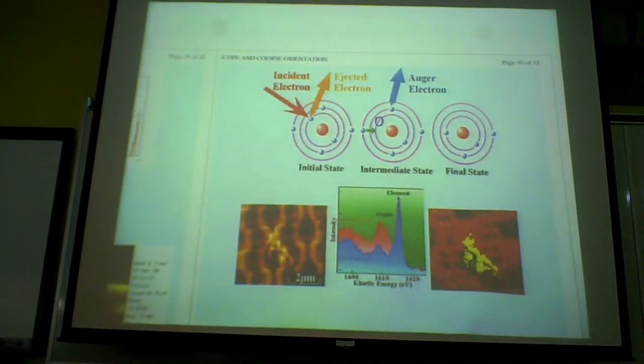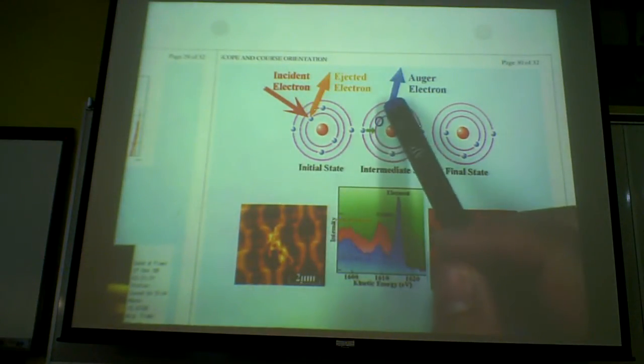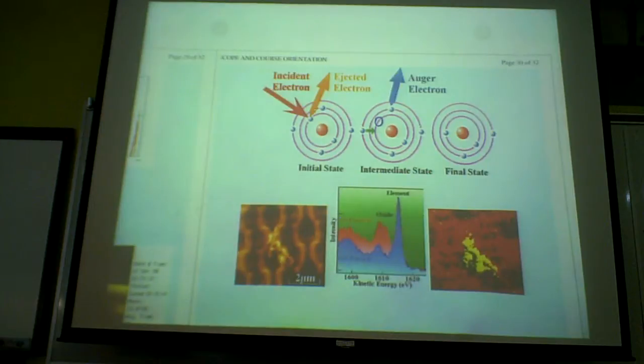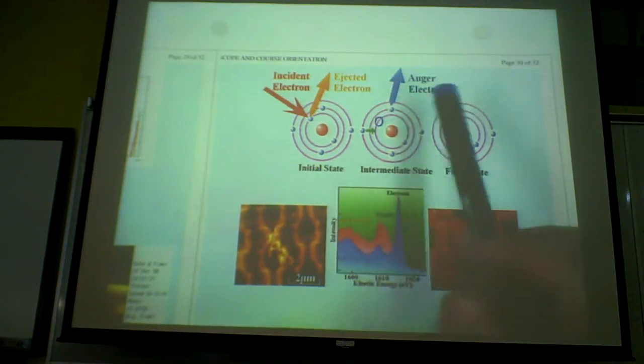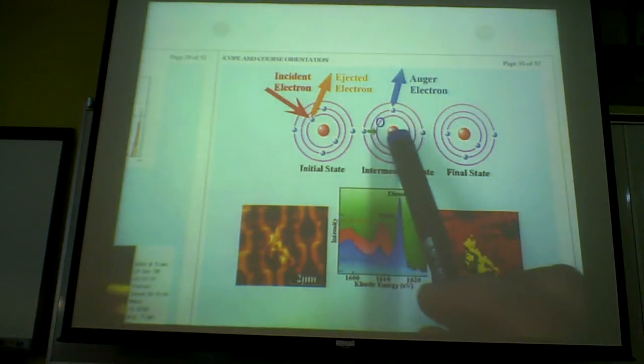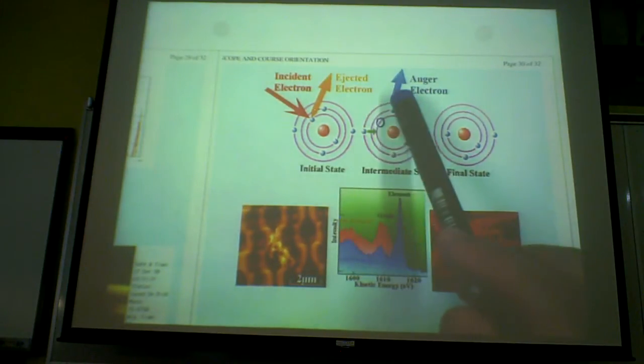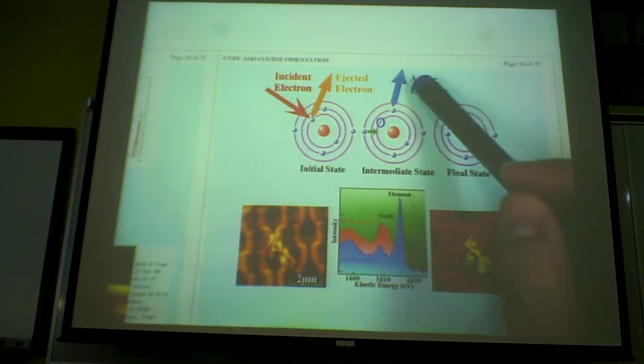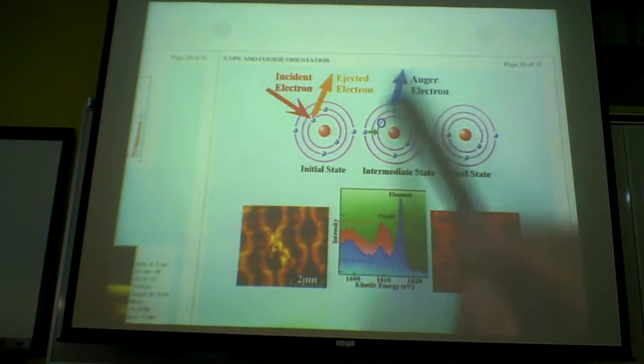So instead of emitting a photon, the electron on the upper state carries all the excess energy. This electron is known as the Auger electron, and it's radiationless decay because you don't emit a photon anymore. So this Auger electron comes out.